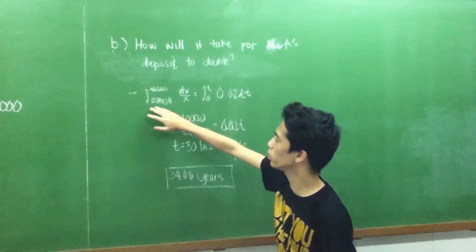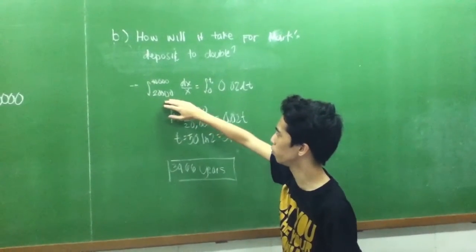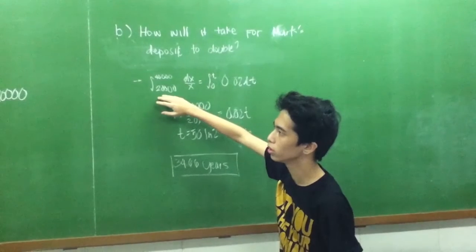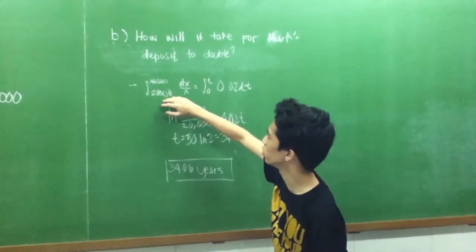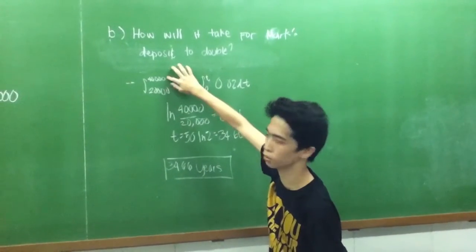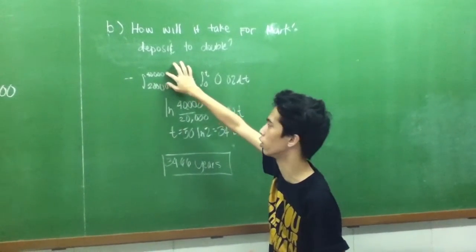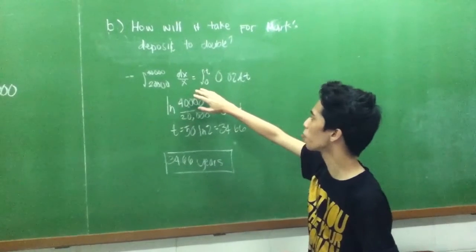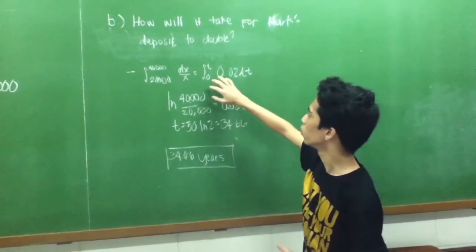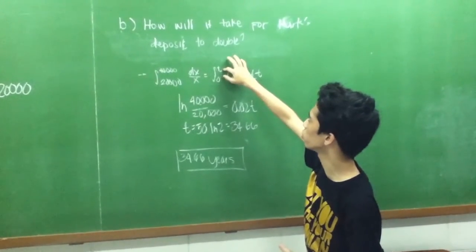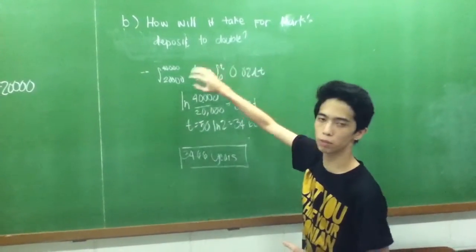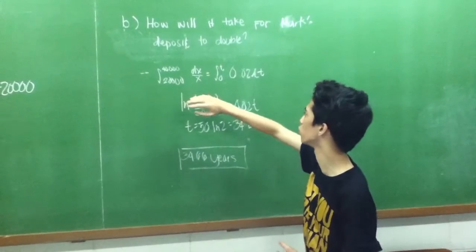So we use 20,000 for the lower limit because it is the first deposit and then it should be doubled. So we put 40,000 for the upper limit. And then for the right hand side, we substituted the 10 years to T because we're finding out how long will it take for his deposit to double to 40,000.